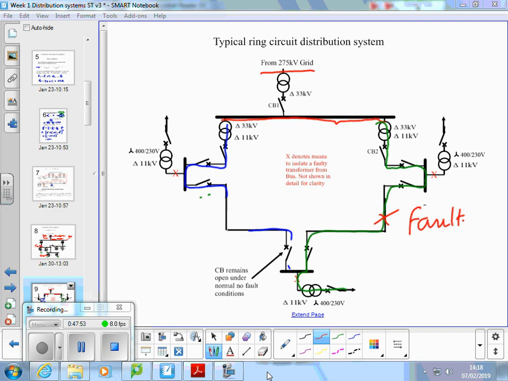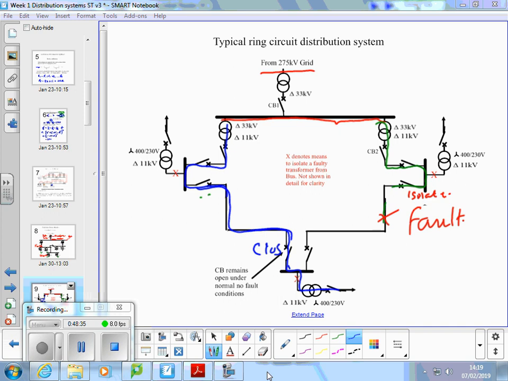So what we can do is isolate here, so that we can switch that back on, or keep that on. This customer is supplied from that transformer. That's normal. They've lost supply via that route. But if we close this, they can now have supply from that route, so it can be reinstated.